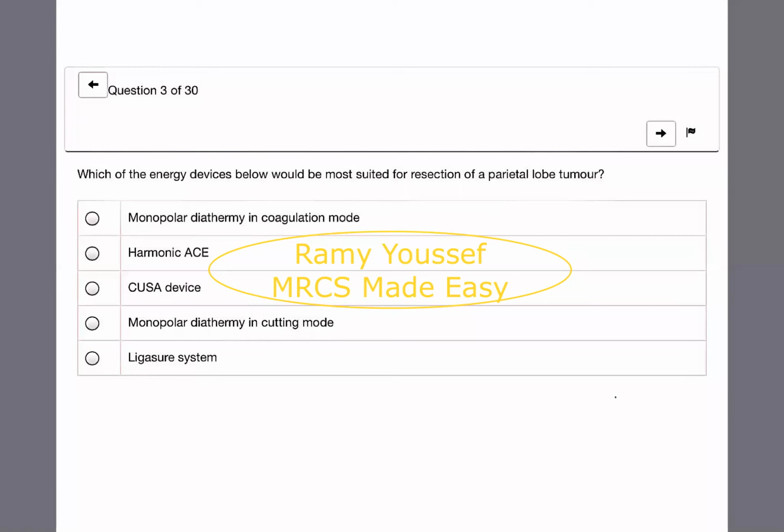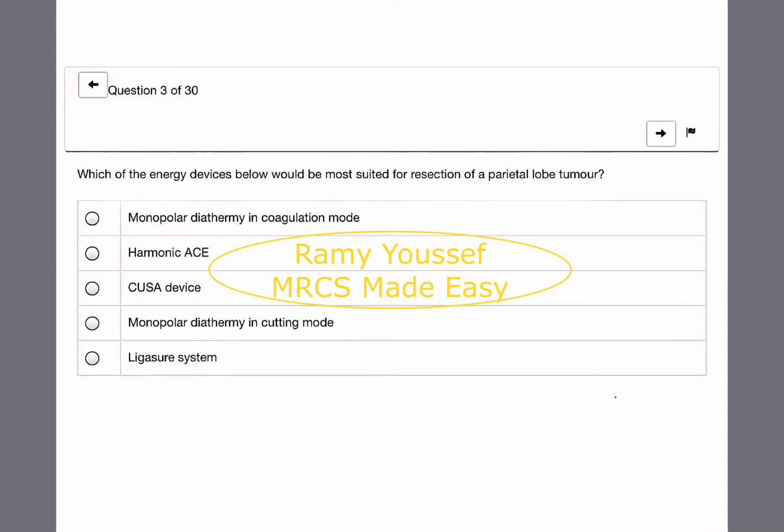Which of the energy devices below would be most suited for resection of a parietal lobe tumor? Monopolar diathermy in coagulation mode, Harmonic ACE, Cusa device, monopolar diathermy in cutting mode, or ligation system? I think it's the Cavitron ultrasonic surgical aspirator, the CUSA device.